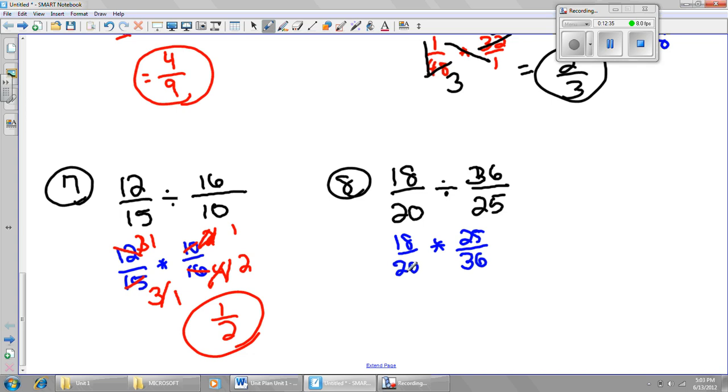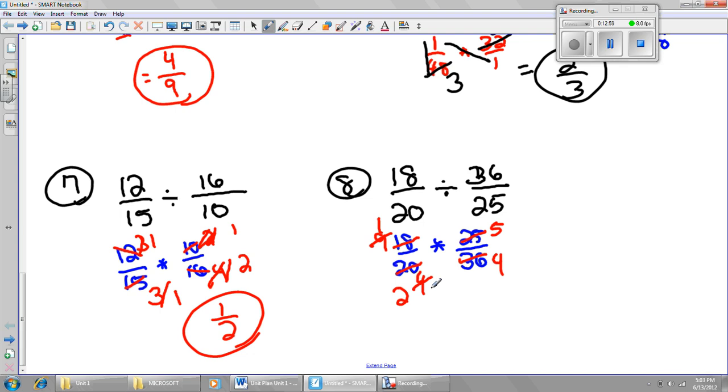All right, problem number 8. I'm going to divide by 5 there, and I'm going to get 4, and then 5. Here, I know 2 goes into there 9 times, and look at that, 9 goes into 36, so I'll divide by 9 and get 4.